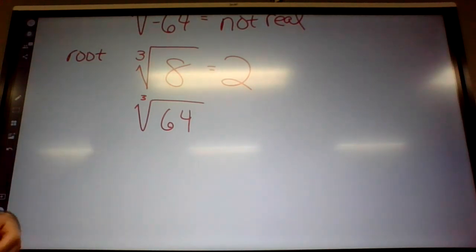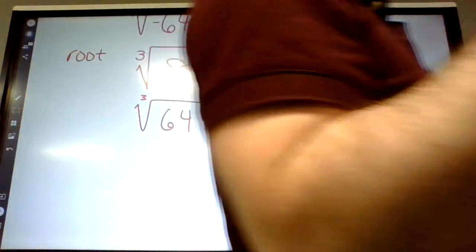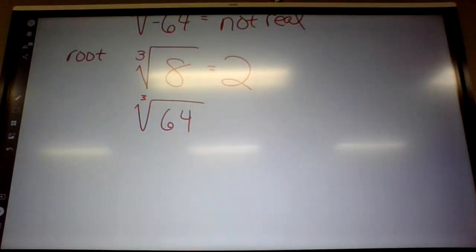There's a lot of Casios to figure out. If you've got a Casio, if you hit shift square root, in the yellow goldish thing it says cube root.